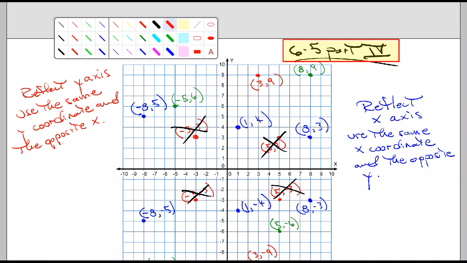So let's do this one. How about right here? What's the coordinate of this point? -7, comma what? 2.